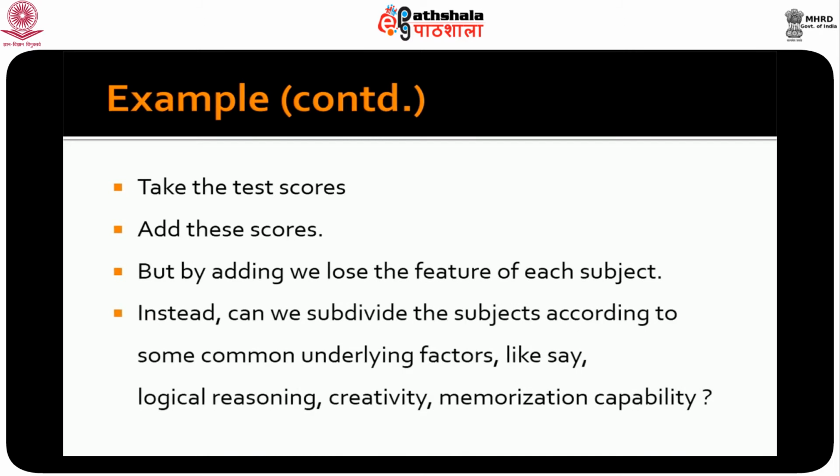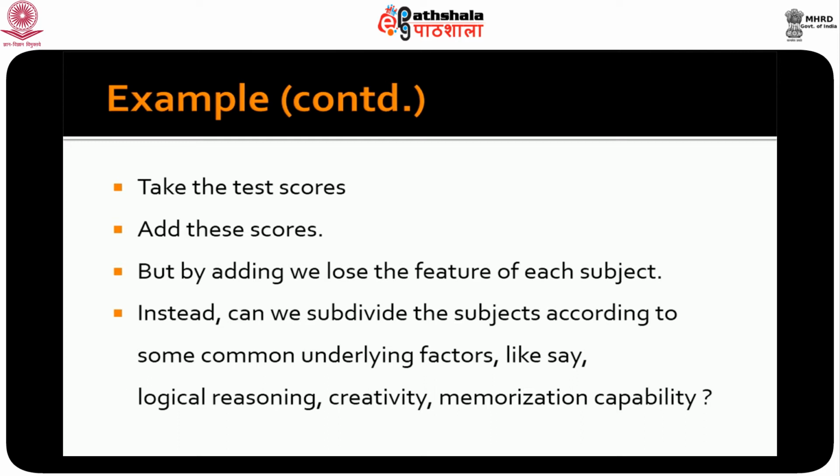But obviously, this will lose several features. For instance, a student may be very good in mathematics, but cannot remember a lot about history or geography. He may not be creative, in the sense that he is not good in the languages, because language needs a little bit of creativeness. Okay? So, logical reasoning, creativeness, memorization capabilities, these are some of the factors that go into explaining the scores in the different subjects.